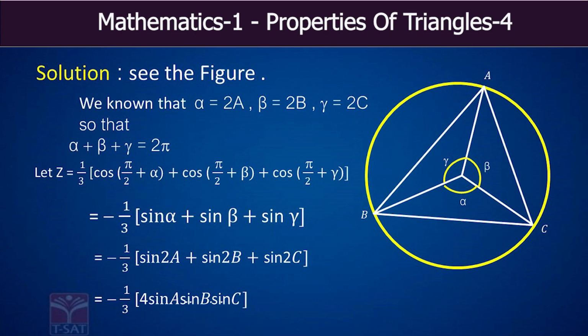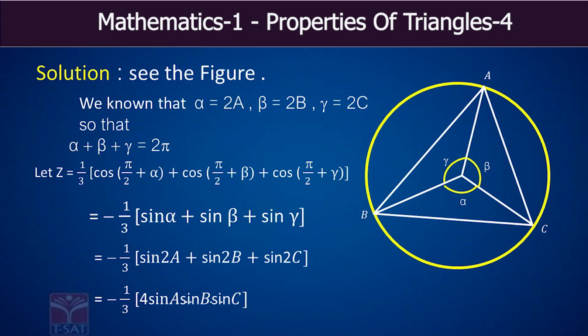We know that alpha is equal to 2A and beta is equal to 2B and gamma is equal to 2C, because in any circle the angle subtended by a chord at the center is twice the angle made by the same chord at the circumference.